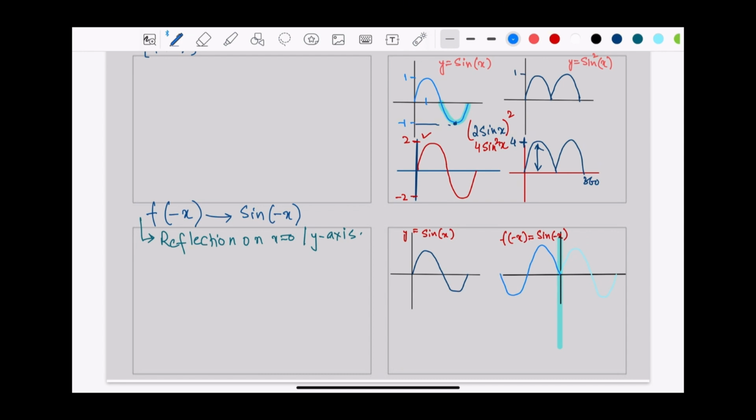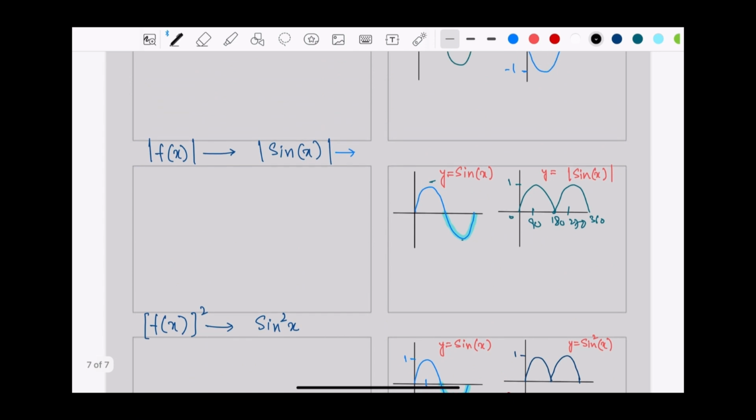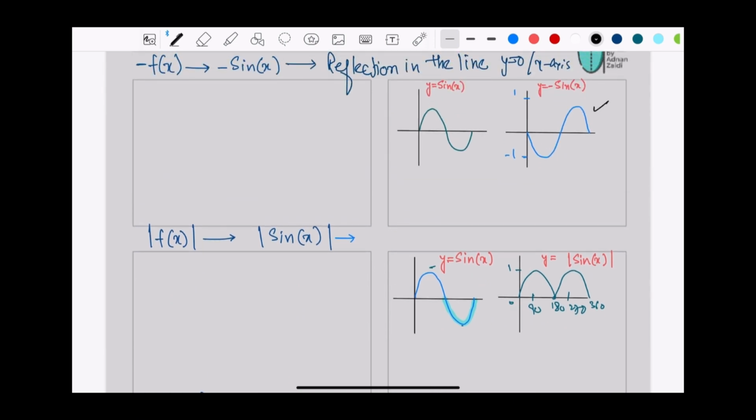And if I continue that graph further, it will look like this. If you look at this shape, the black one is a continuation of that. You can see that this shape is exactly negative sine of x.